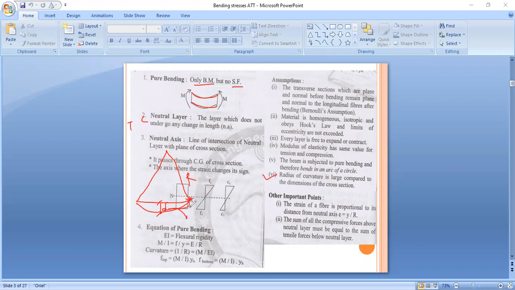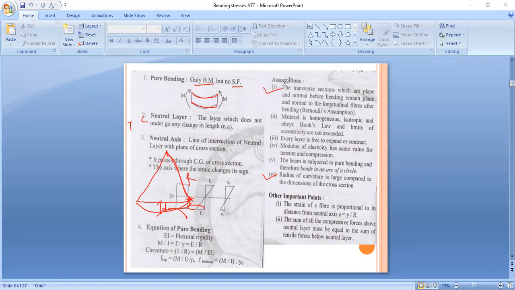This dimension is very small as compared to this radius of curvature. So our last assumption is the radius of curvature is larger. Observe here, this distance is larger as compared to the cross-sectional dimensions. So please remember all these 6 assumptions.